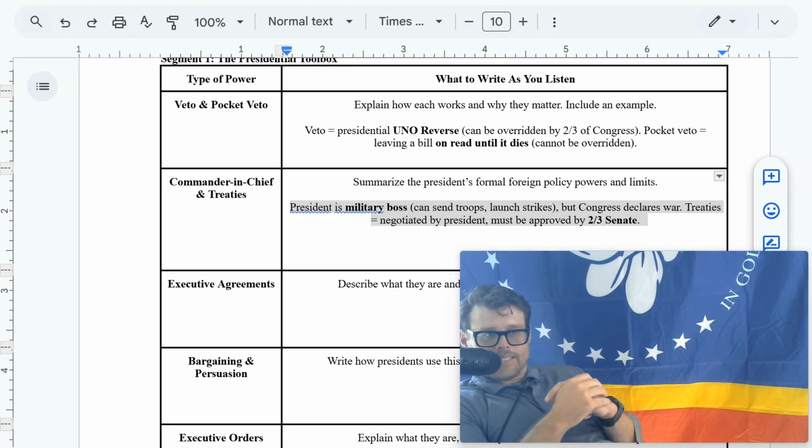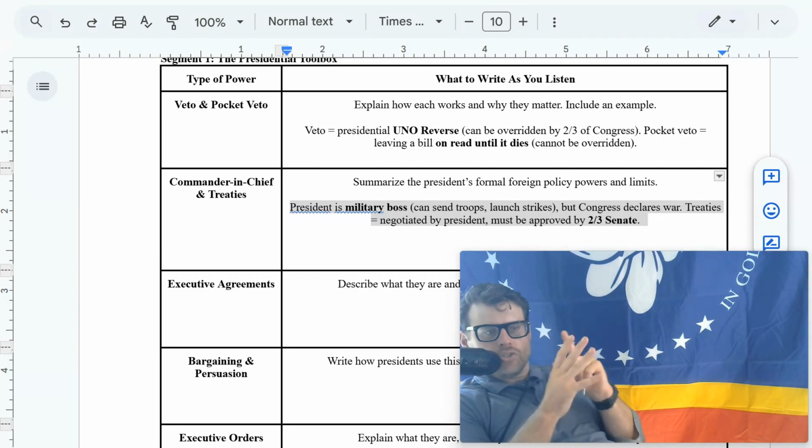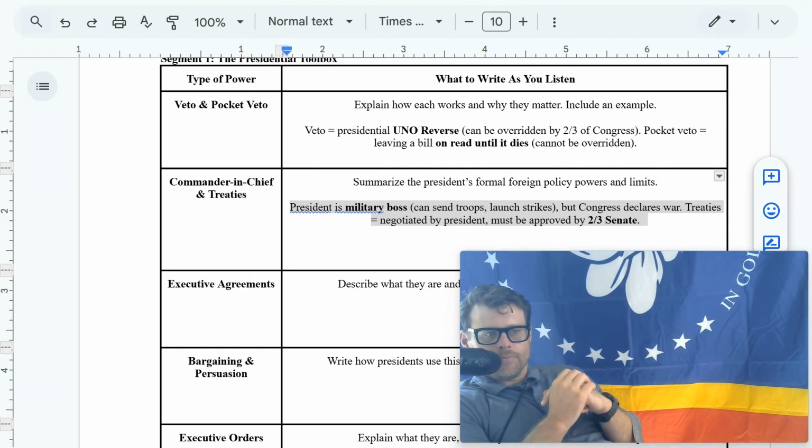All right, informal power. Let's look at it. Executive agreements. Now, these are like handshake deals with other countries, guys. Other countries' heads of state. No Senate is needed, so it's very much a treaty, but without Senate approval. And it only lasts as long as the president is in office, and then it can be removed.